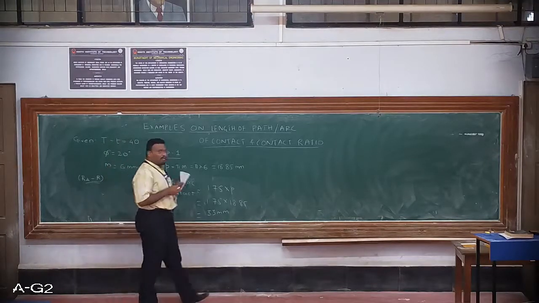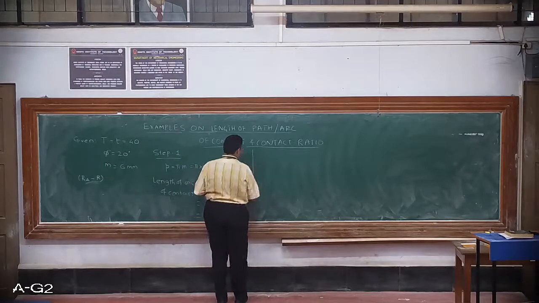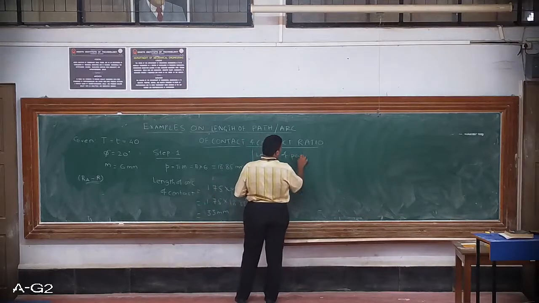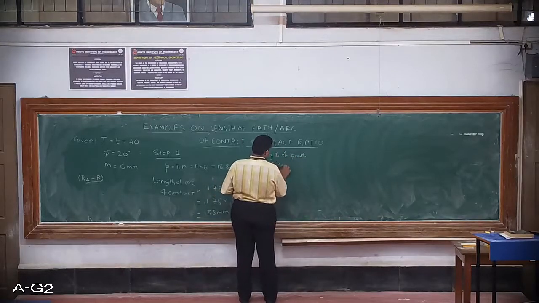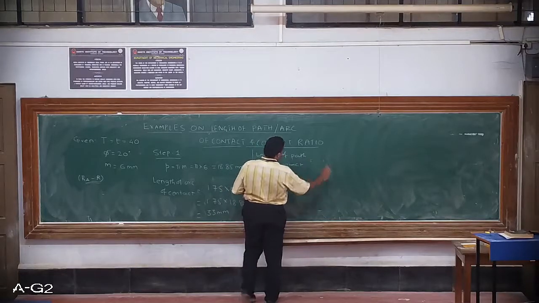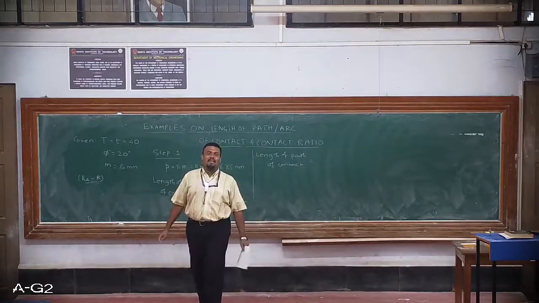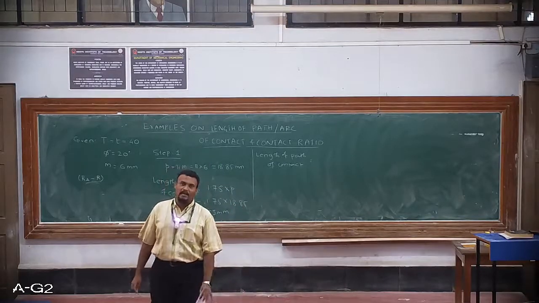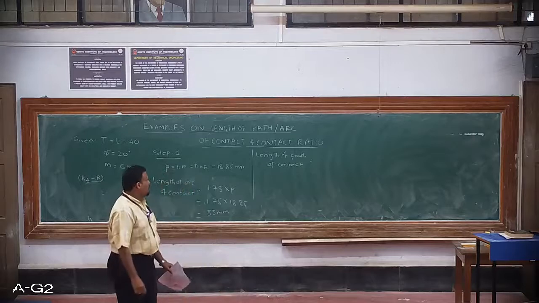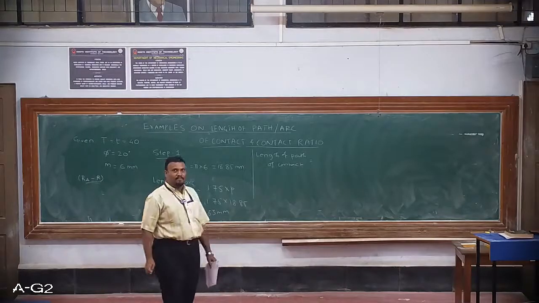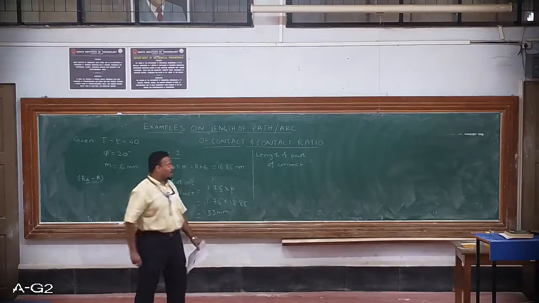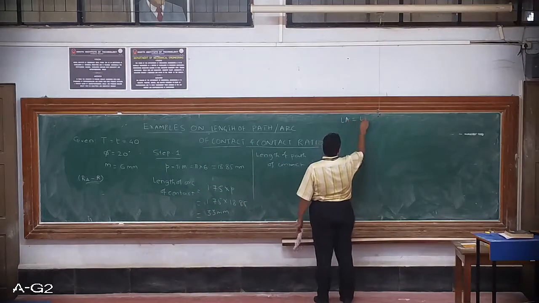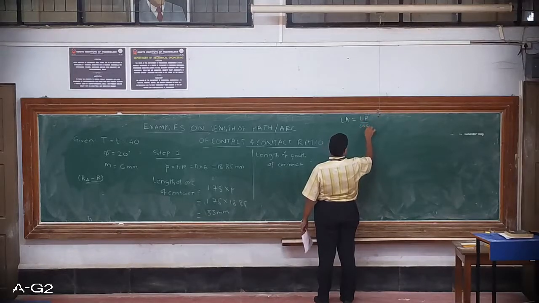Now we need to calculate length of path of contact. So length of arc of contact, we know it is length of path of contact divided by cos of phi. I'll just write here in short form. Length of arc of contact is length of path of contact divided by cos phi.